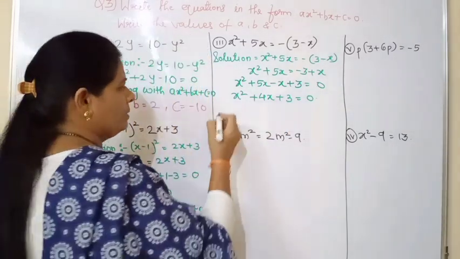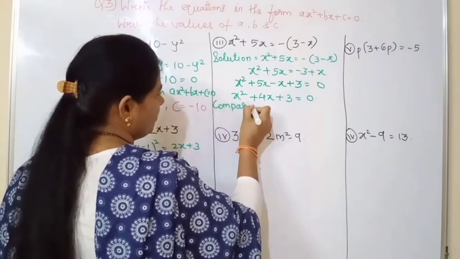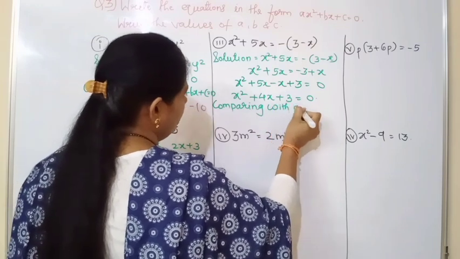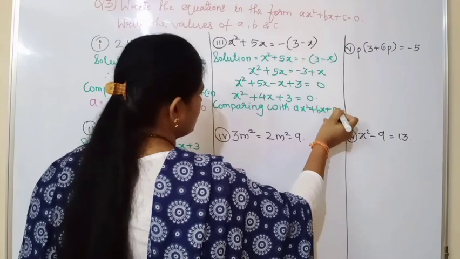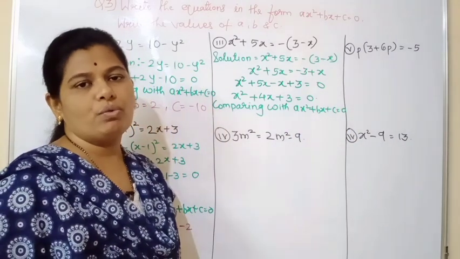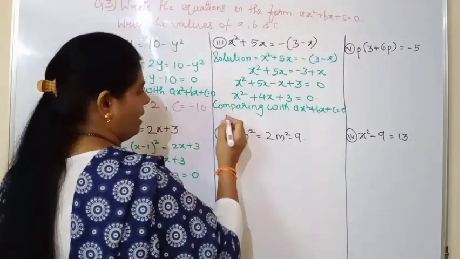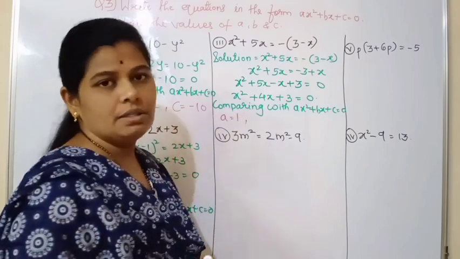Now we have to compare the equation. Okay. So comparing with whom? With the standard form, ax square plus bx plus c equal to 0. After comparing we have to find the values of a, b, c. No coefficient before x square means there is 1. So the value of a is 1.